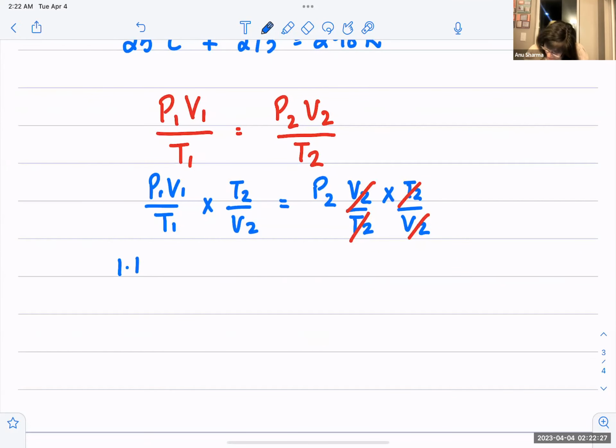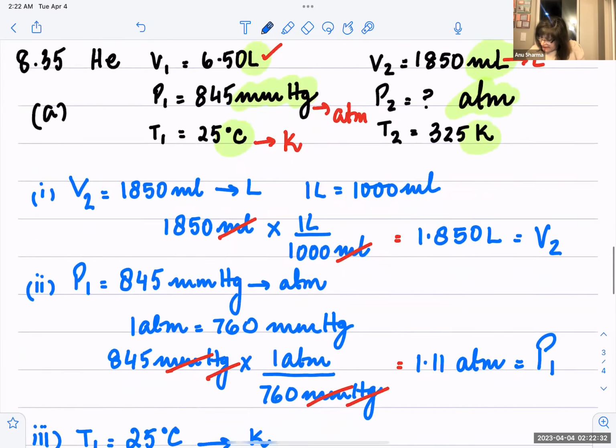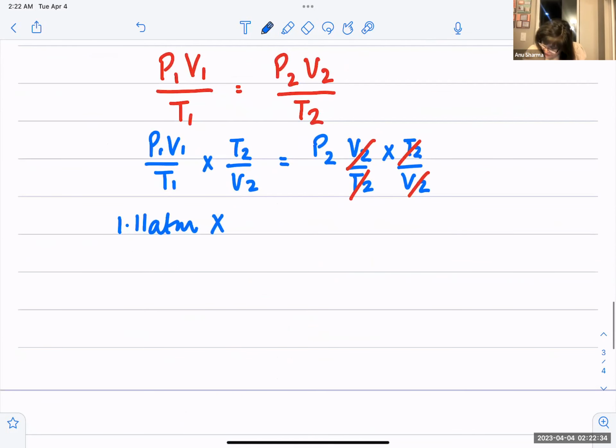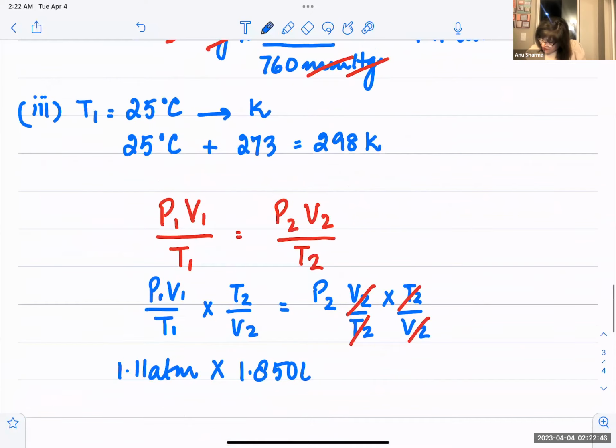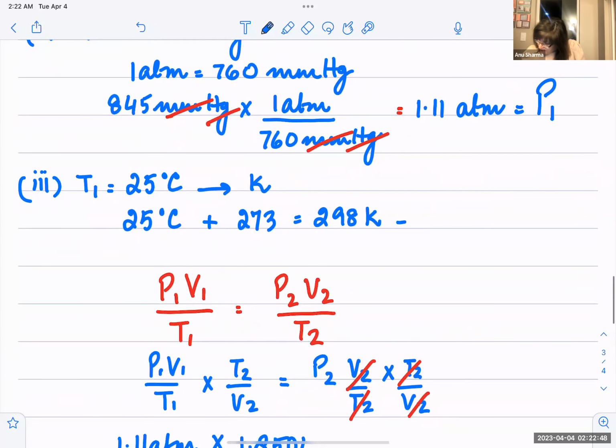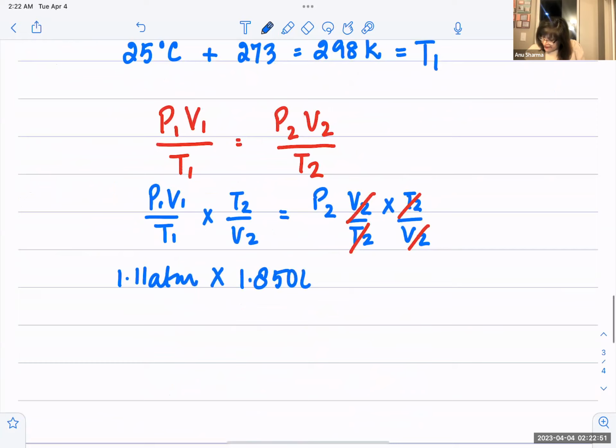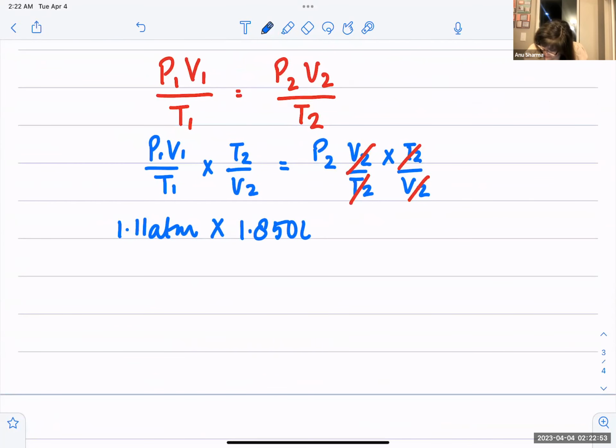So 1.11 ATM times V1, V1 is 1.850 liters, over T1, which is 298 K, times T2 over V2.